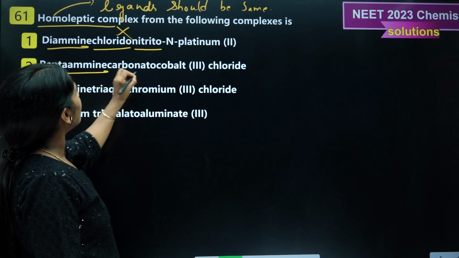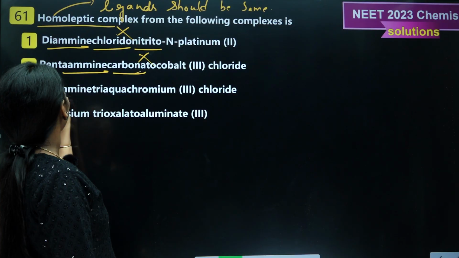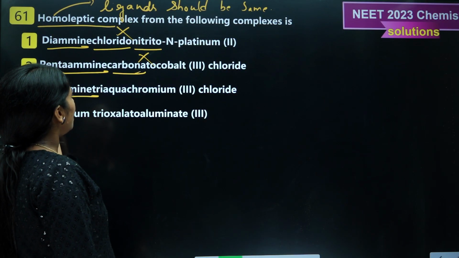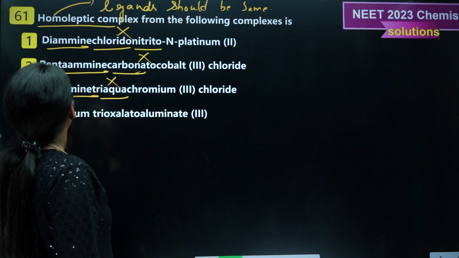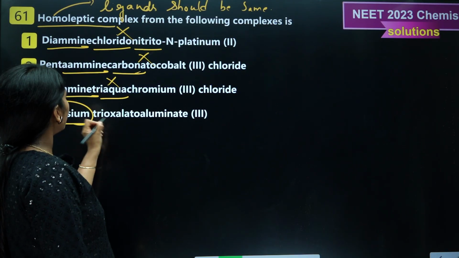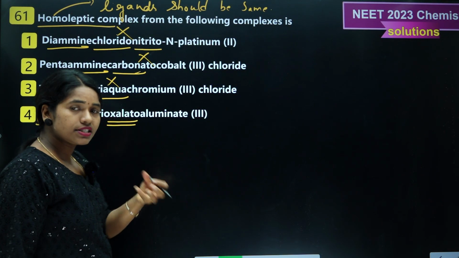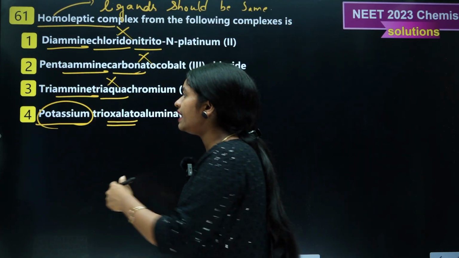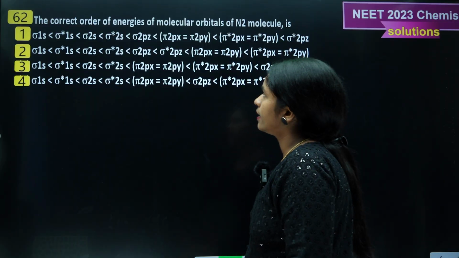Pentaamine, amine is there, carbonate is there, this is not at all a homoleptic complex. Triamine, amine is there, aqua is there, 2 ligands, not a homoleptic complex. And in this, potassium is a metal, first it will come, okay, and trioxalate, only oxalate ions are there, so it is a homoleptic complex. Option 4 is the correct answer.